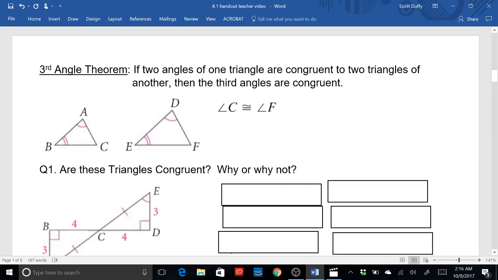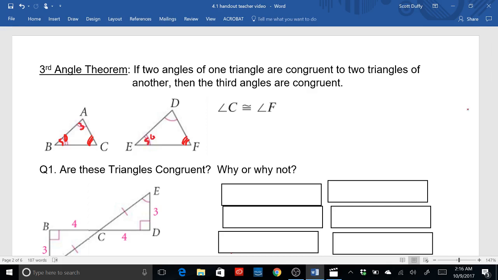Third angle theorem. The book calls this theorem 4.1. I call it the third angle theorem because if 2 angles of one triangle are congruent to 2 angles of another triangle, right here, then the third angles are congruent, meaning that angle C and angle F are congruent. So let's just say that angle B is 50, angle E is 50.